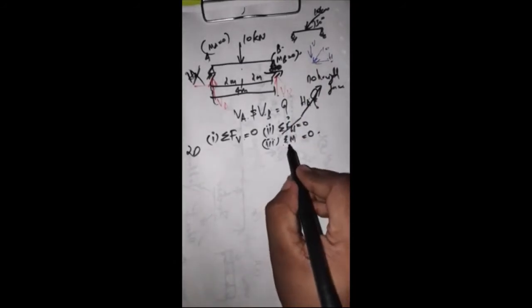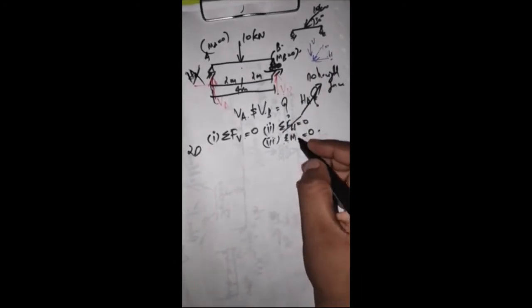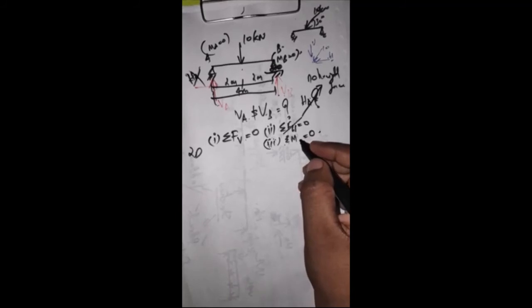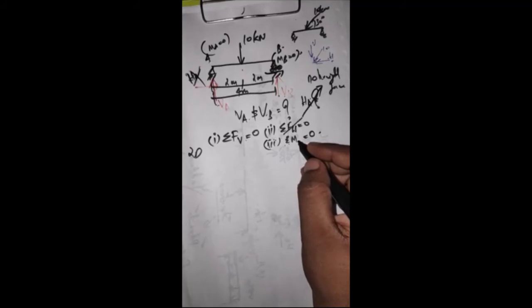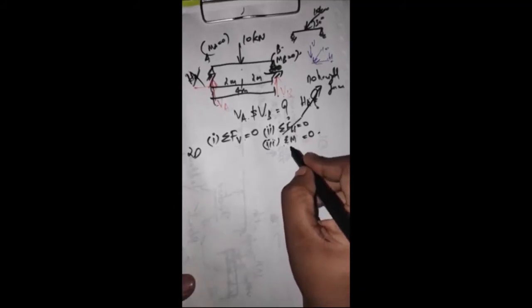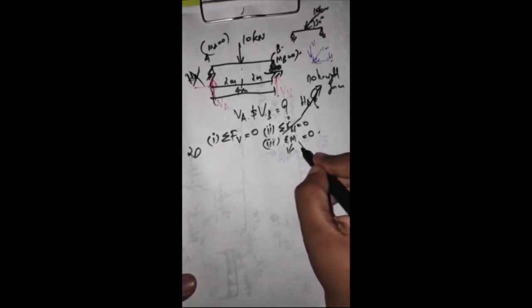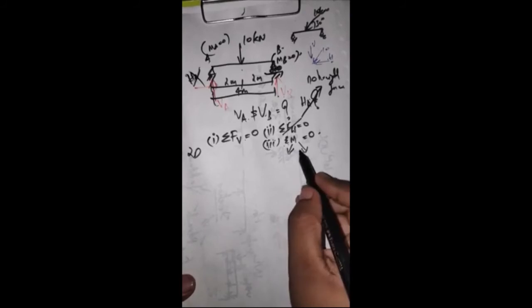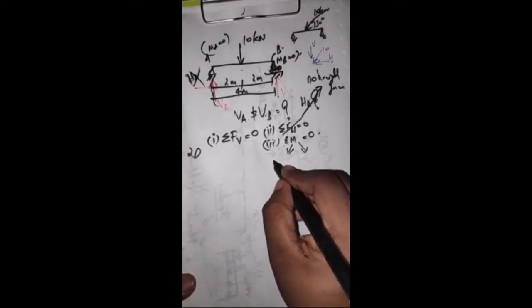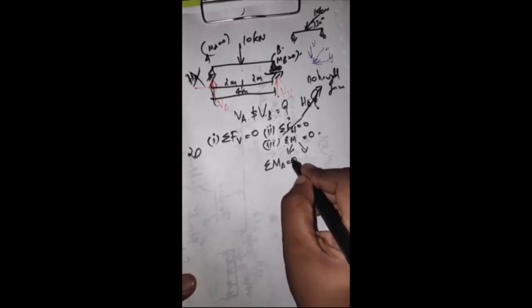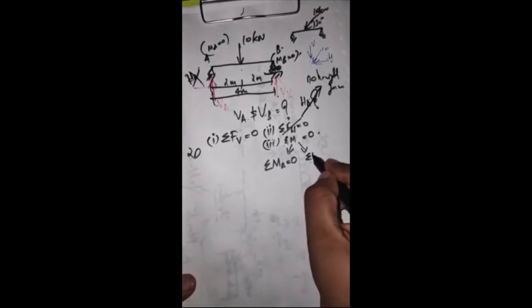Sigma M, that is moment, is always expressed about a point, as we have told earlier. So in this equilibrium condition we are having two cases: the total moment about A is equal to 0, and also the total moment about B is equal to 0.